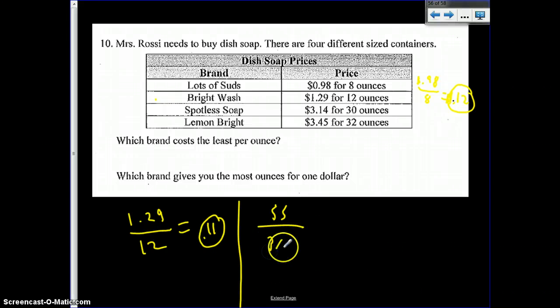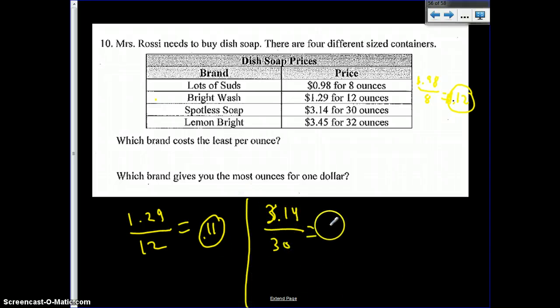So that would be $3.14 for 30 ounces, so divide to see how much that is per ounce. Anyone got it for the third one, for spotless soap?